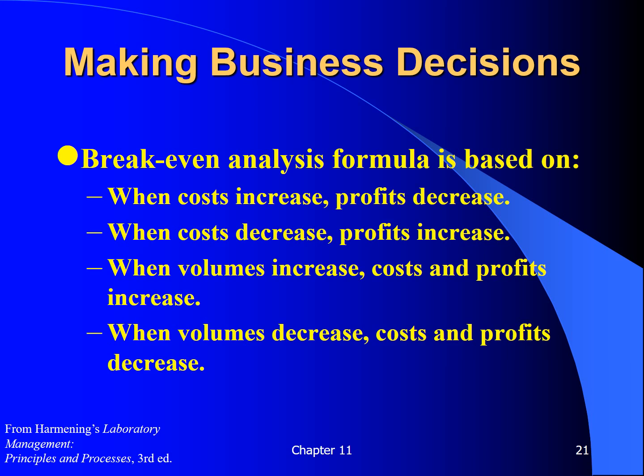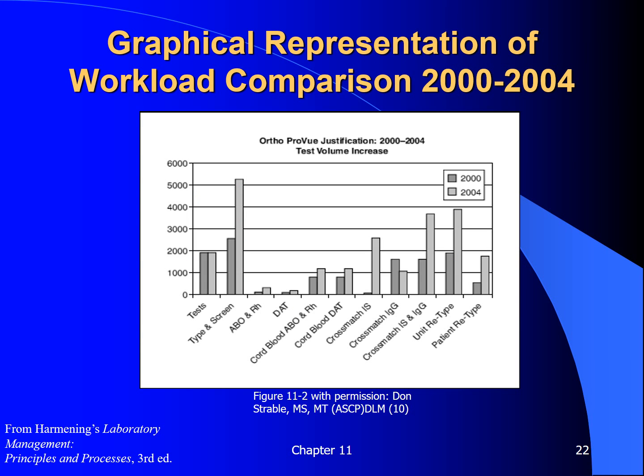The degree of profitability should also be evaluated in light of a number of intangibles. This can be reviewed in the lab management text. Graphical representation of workload comparison between 2000 to 2004.